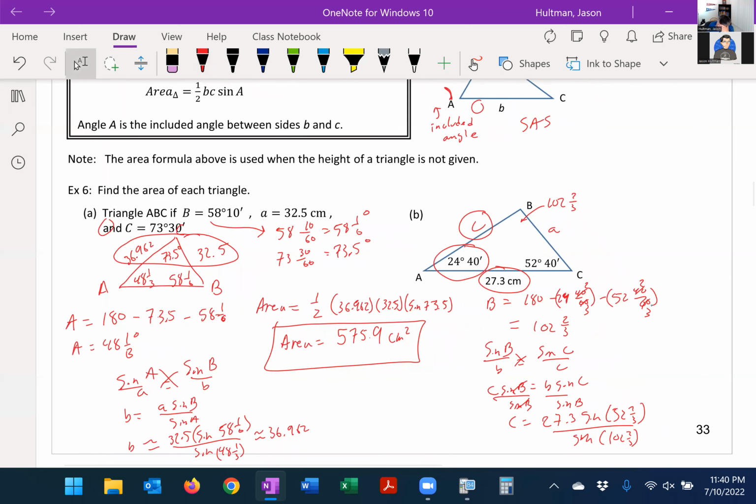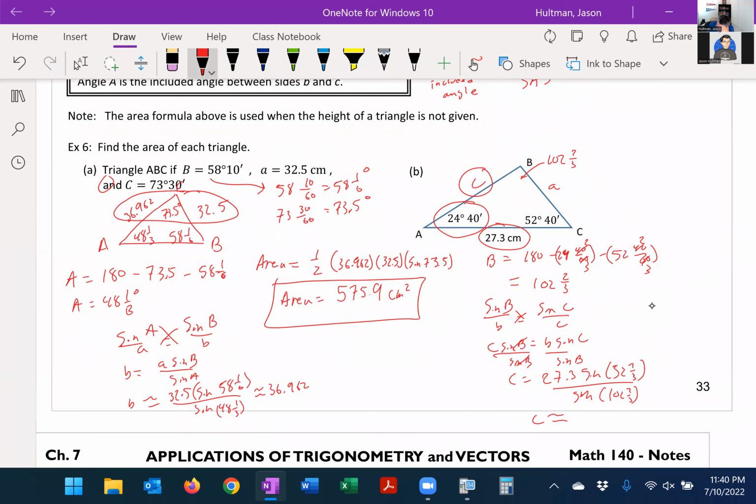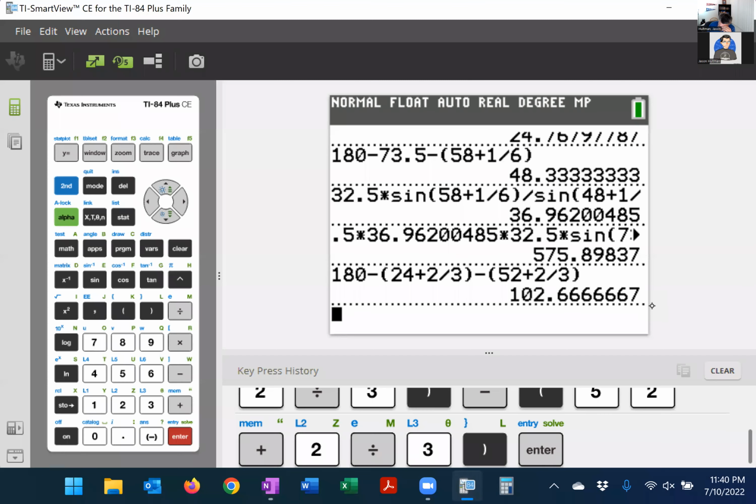So side C is approximately what? Okay, so 27.3, 52 and 2/3. Okay, so let's plug that in the calculator.